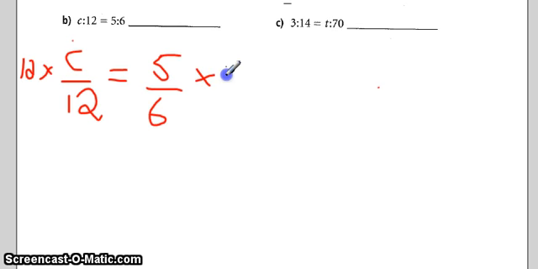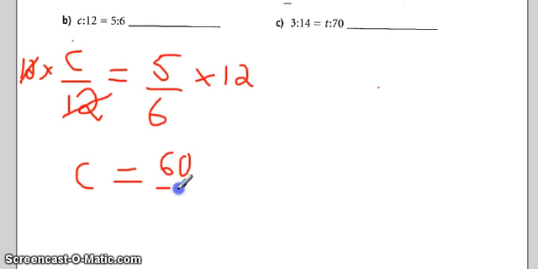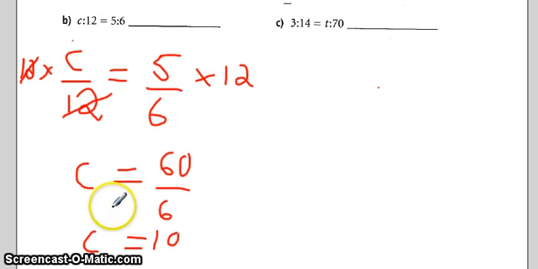These would cancel each other out, and we'd be left with c equals 12 times 5, which is 60 over 6, which again gives us 10. So same answer, different way, I guess you would say.